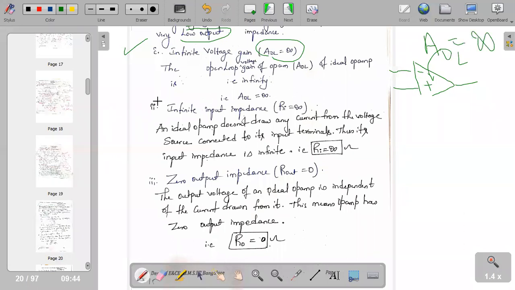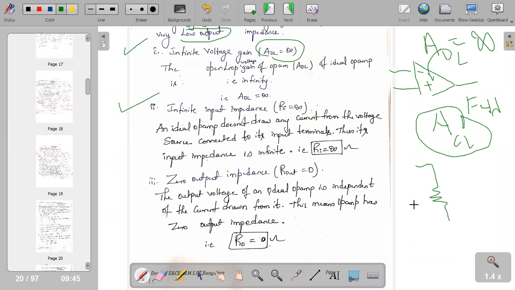Then there is the closed loop gain, which means the op-amp under a feedback connection. This concept I will tell you later. But under closed loop, the op-amp gain will be less compared to the open loop gain. Now when it comes to input impedance, as we know, an op-amp has a very high input impedance.